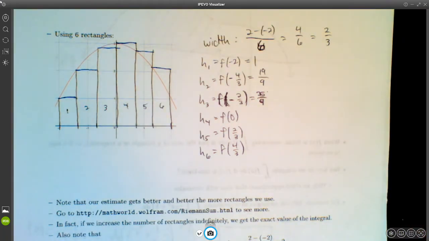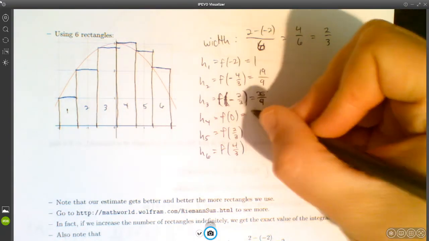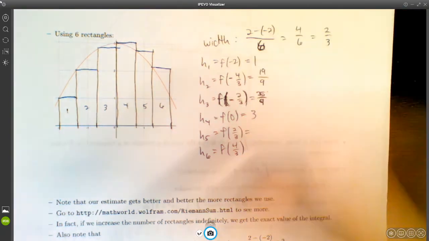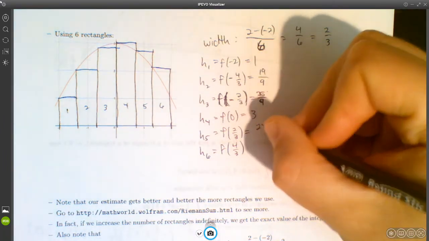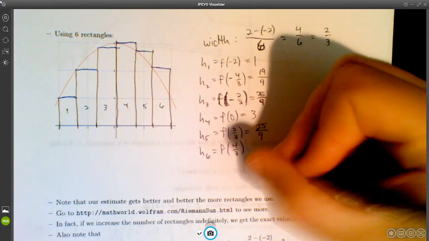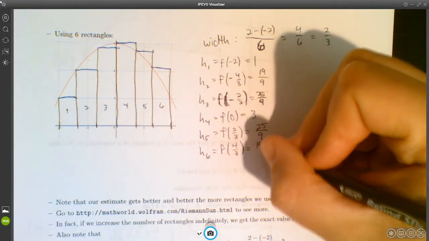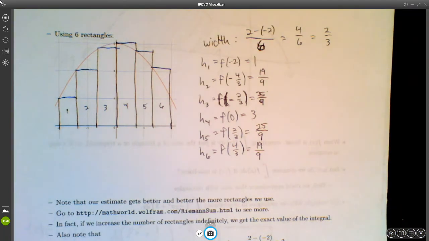If I plug in 0, I should just get 3. Yep. If I plug in 2/3, I should get 25/9 again. Let's make sure. Yep, 25/9. And if I plug in 4/3, I should get 19/9 again. So these are all the heights of the rectangles.